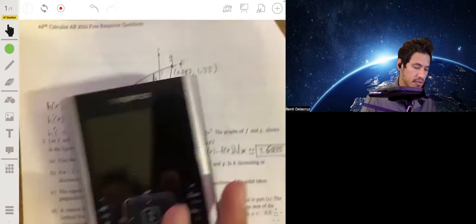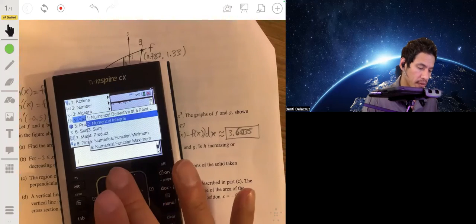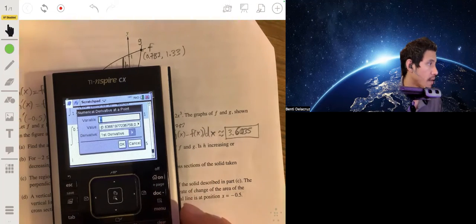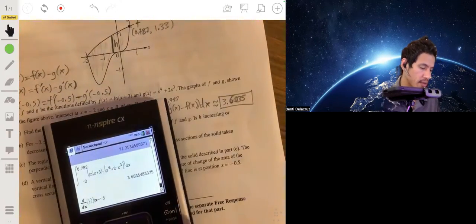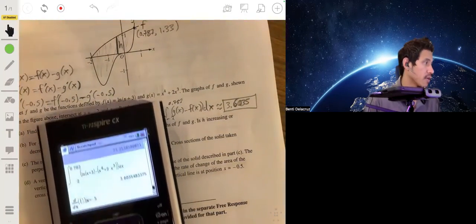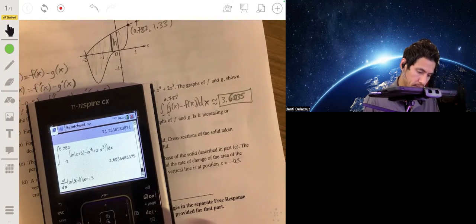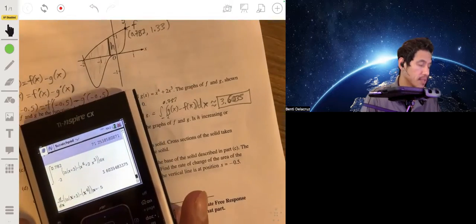So let's again use our calculator to just take care of this work. So let's go to numerical derivative at a point. Our point is going to be negative 0.5. Let's just make sure we enter our expression correctly. So natural log of x plus 3 minus x to the 4th plus 2x cubed.